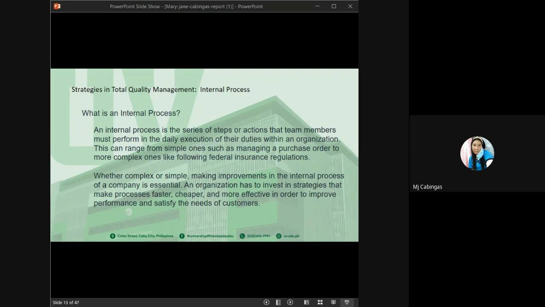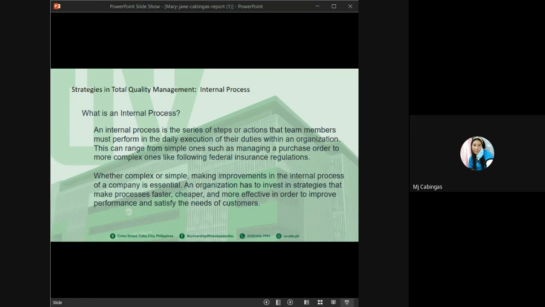Whether complex or simple, making improvements in the internal processes of a company is essential. An organization has to invest in strategies that make processes faster, cheaper, and more effective in order to improve performance and satisfy the needs of customers.